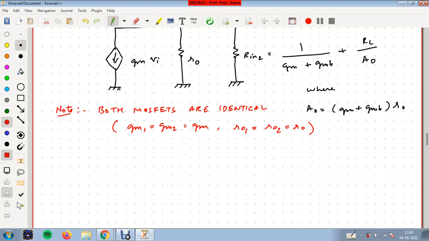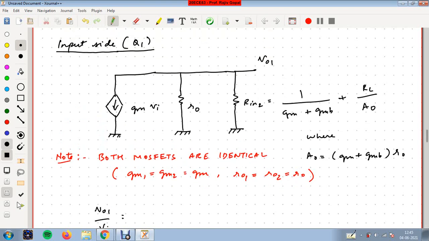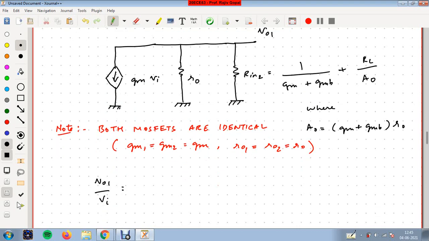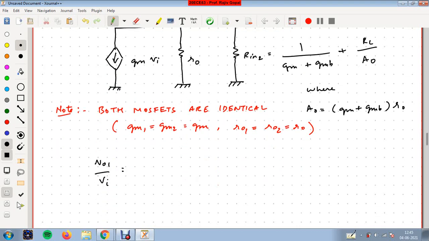So from this I can write V01 divided by Vi. I want to find out what V01 is. From this I can write V01 as minus gm into some resistance. That resistance is R0 parallel R into.